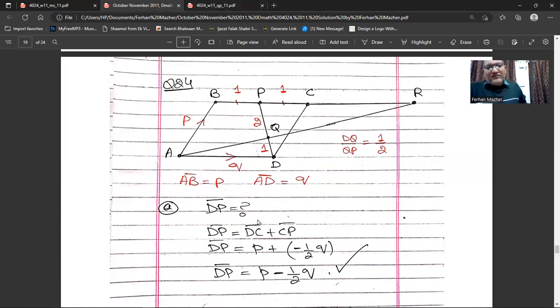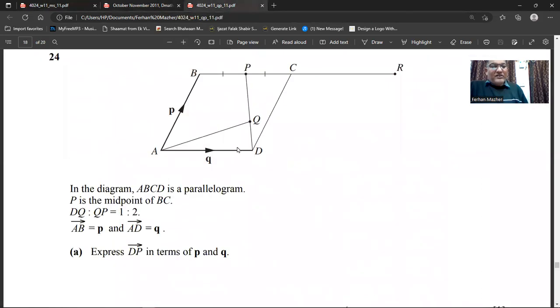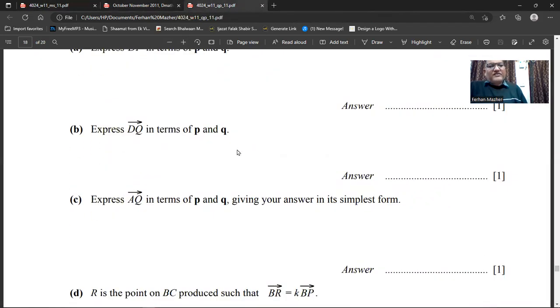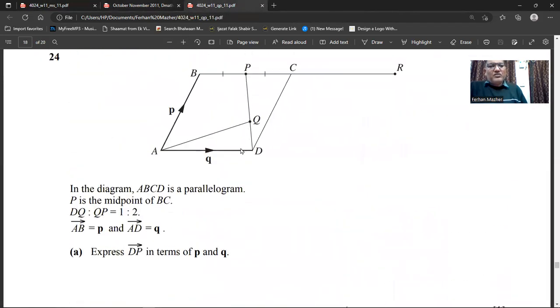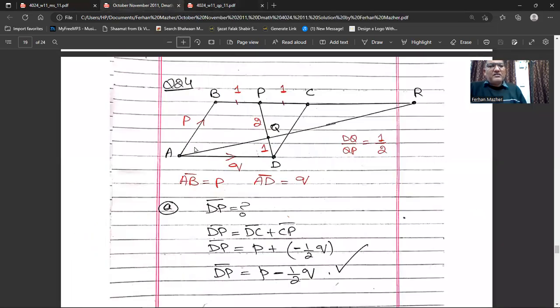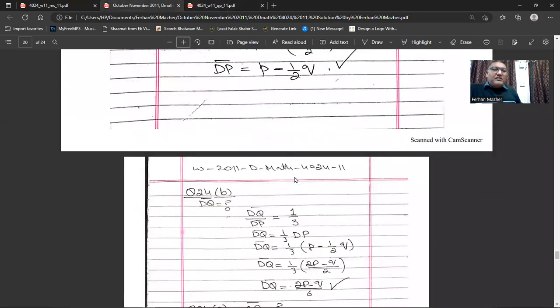So I know the value of DP now. Then their question is, express DQ. I know DP, I know the ratio between them, 1 and 2, so I can find DQ. DQ by DP will be 1 by 3. And I know DP, so DQ will be 1 by 3 of DP.